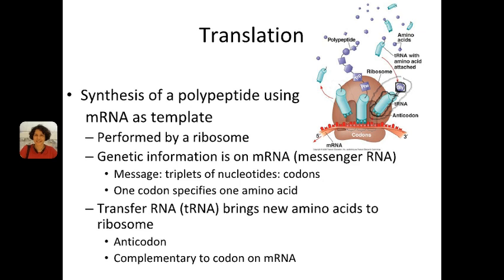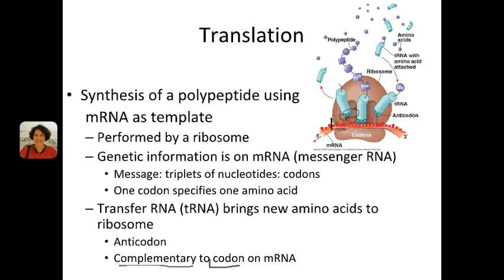A very important part of the transfer RNA is this anticodon. The anticodons are shown over here, this part. An anticodon is a triplet of RNA nucleotides. It is antiparallel and complementary to the codon found on the messenger RNA. Remember, the messenger RNA consists of these codons.